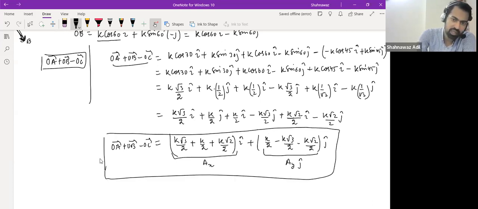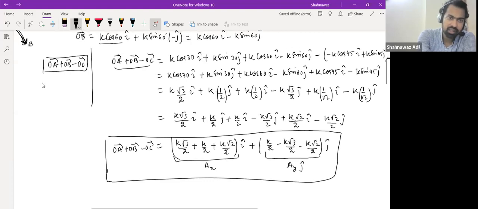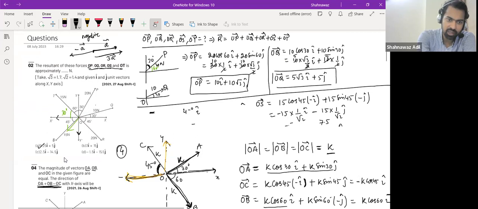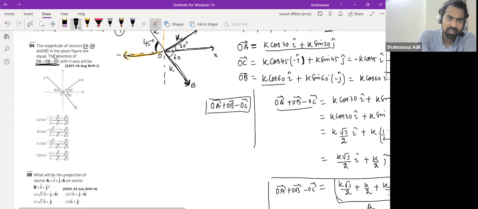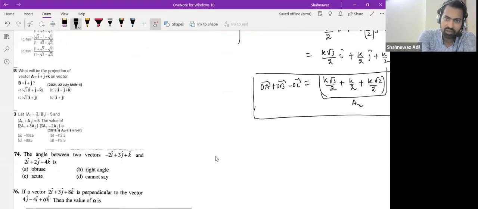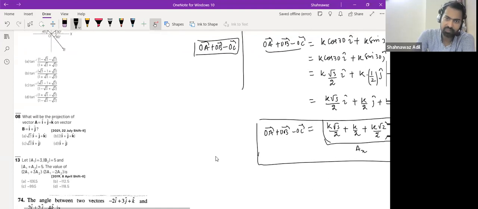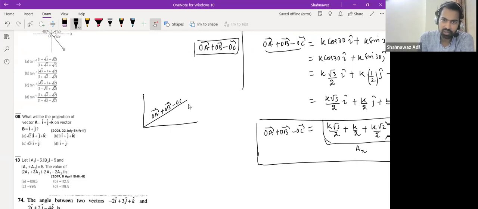Now in the question they are saying what? So first part was calculating this result, whatever these vectors. And then secondly, they want us to calculate the direction of this vector with the x-axis, right? So we have a vector which is OA plus OB minus OC, right?